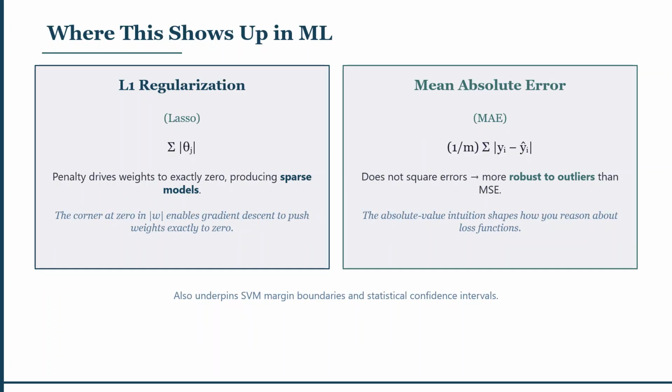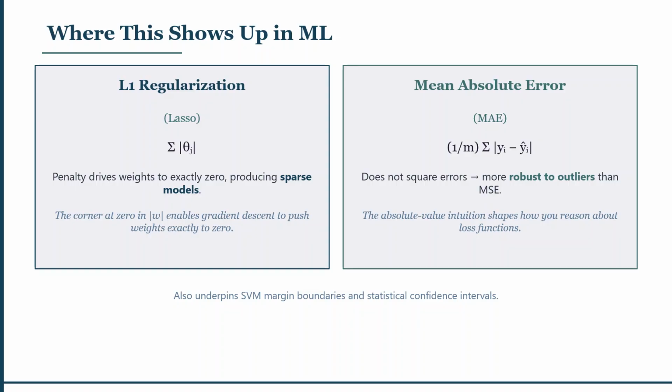Absolute value mechanics are the direct mathematical foundation for 2 cornerstone machine learning techniques. L1 regularization, also called lasso. It adds the sum of the absolute value of theta sub j over all weights as a penalty term in the cost function, encouraging weights to shrink to exactly 0.